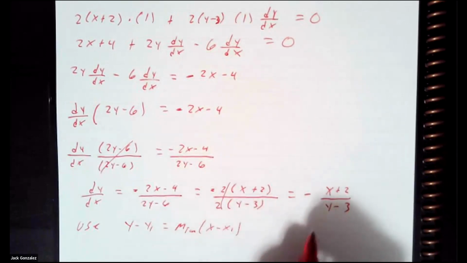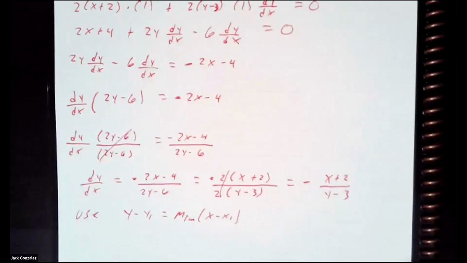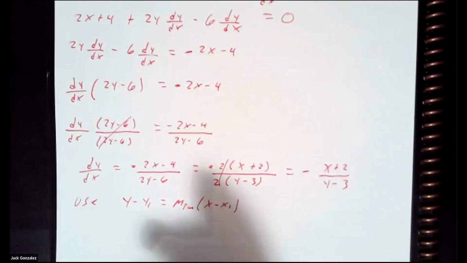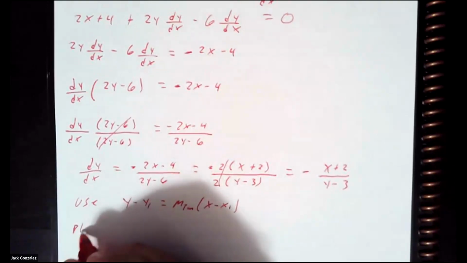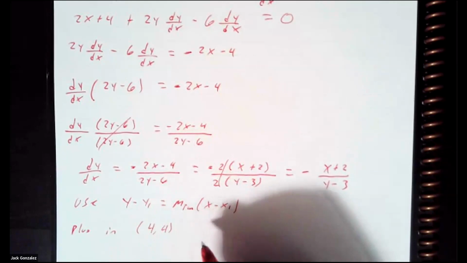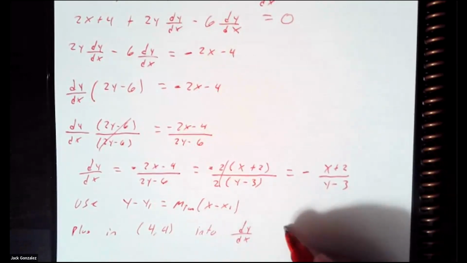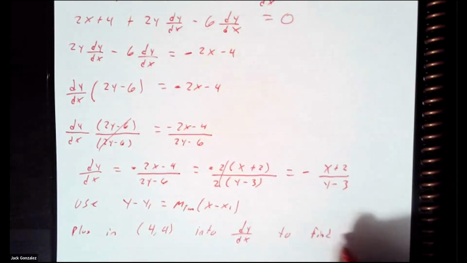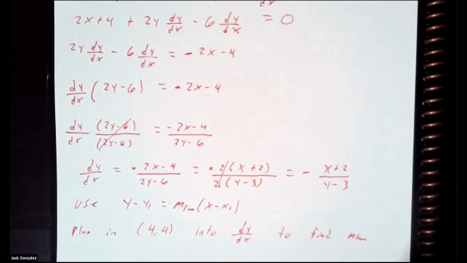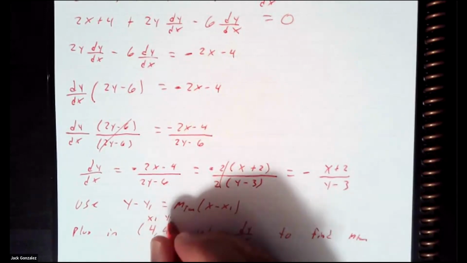So m tangent has to be found using the derivative, right? That's what we've been doing in the other sections over and over again. So plug in 4 into dy/dx to find m tangent. This is also x1, y1.